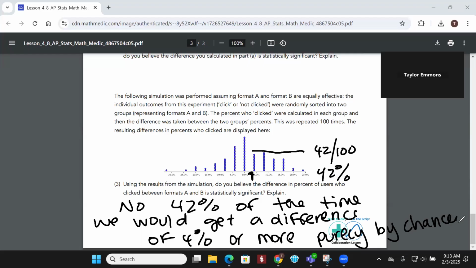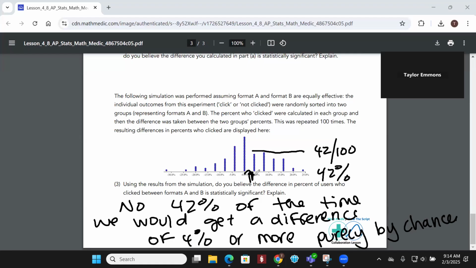Okay, so we found in part 1 that in our first simulation, it was 4%, right? So we're going to draw that on our little graph because that's kind of like our baseline. Then we counted up how many dots were on the right-hand side, because if it's greater than 5%, it's not statistically significant.